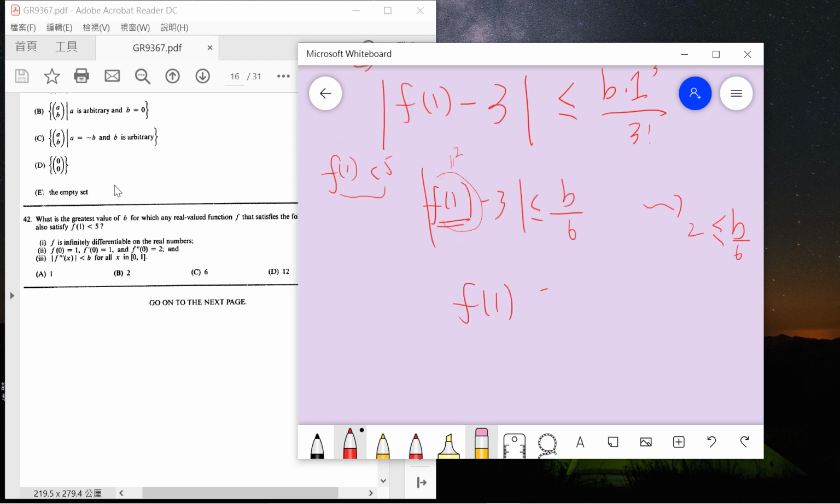So basically f(1) is smaller than 3 plus b over 6, and it needs to be less than 5. Because we need to use this constraint.